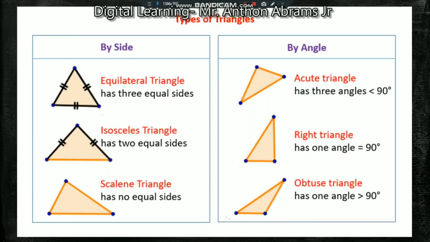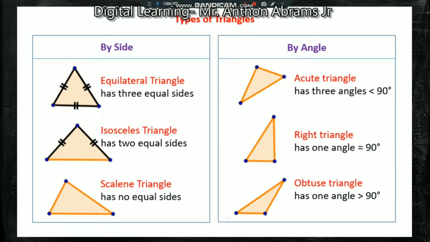So, just a quick recap. Triangles can be classified based on the sides, or they can be classified based on the angles. Equilateral, 3 equal sides. Isosceles, 2 equal sides. And if a triangle has no equal sides, it's called a scalene triangle. We can classify triangles based on the angles.